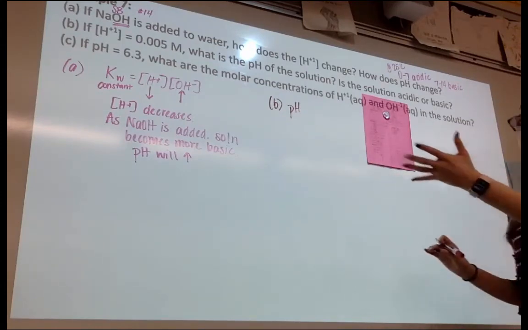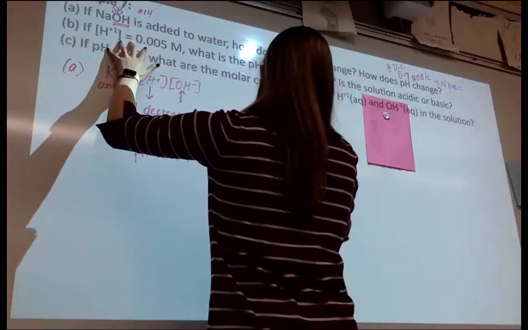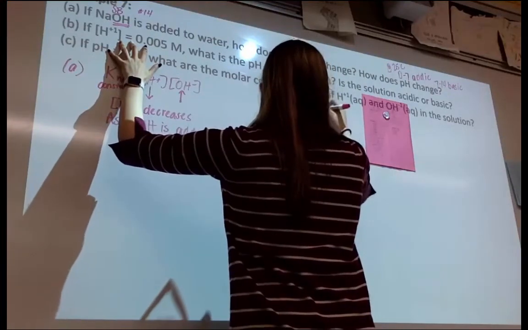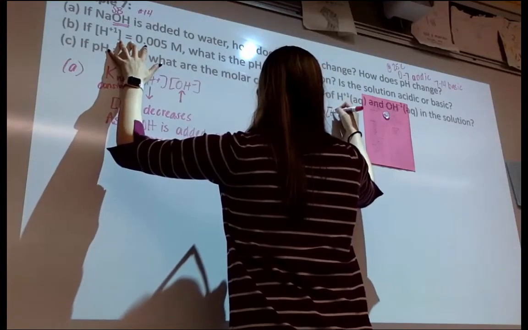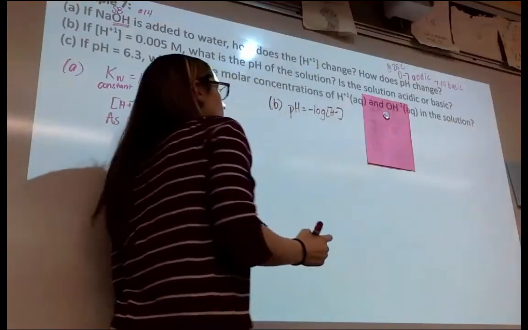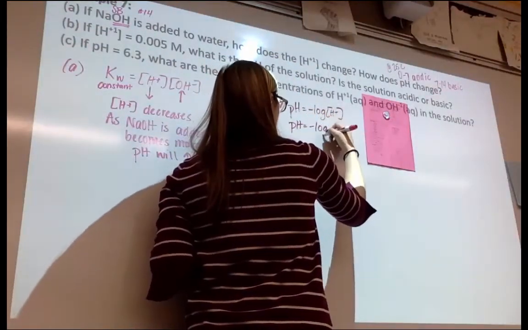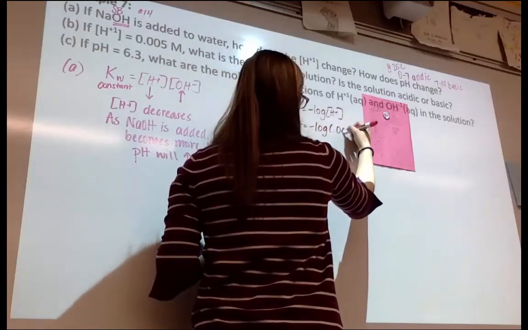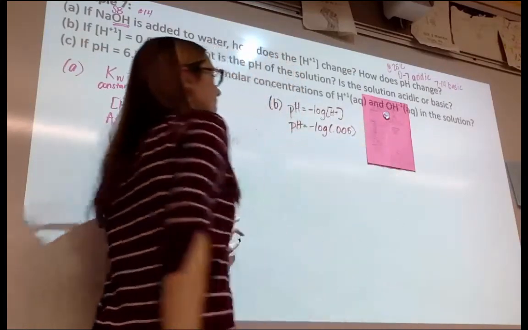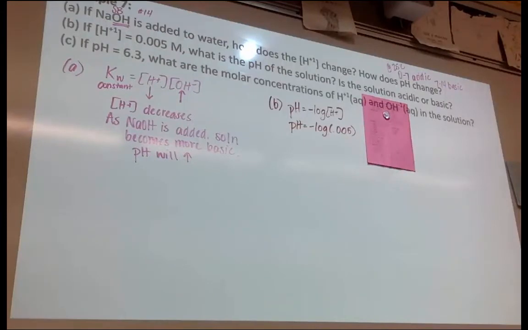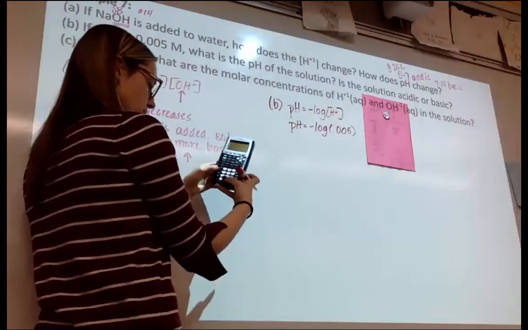Look at what you're given. I'm given H plus here, so I'm going to use negative log of the H plus concentration. So to calculate pH, I'm going to do negative log of 0.005. When you do negative log in your calculator, that's already base 10. So in your calculator, you'll just do negative log 0.005.